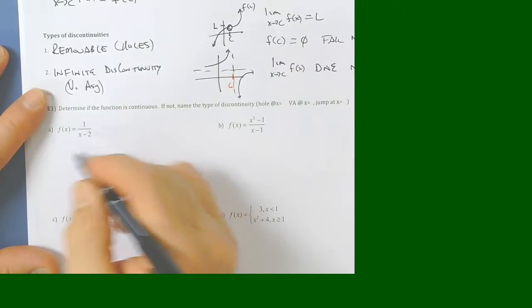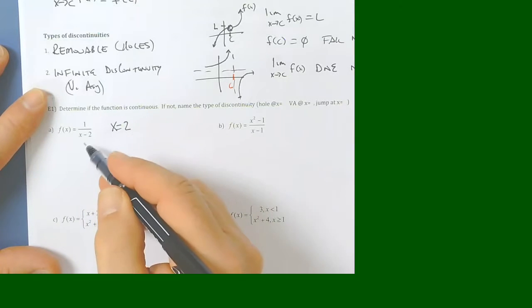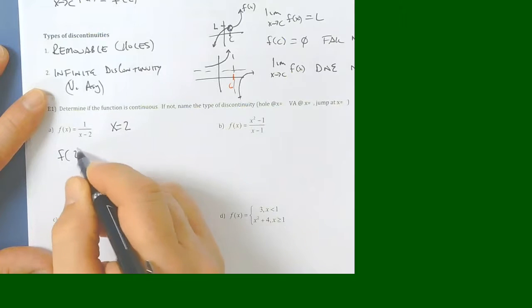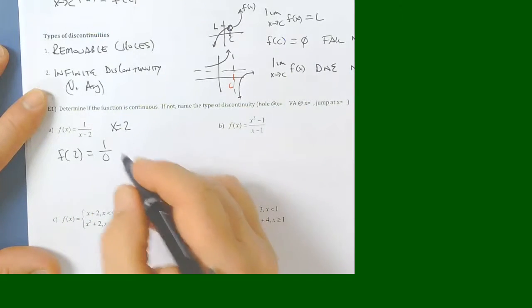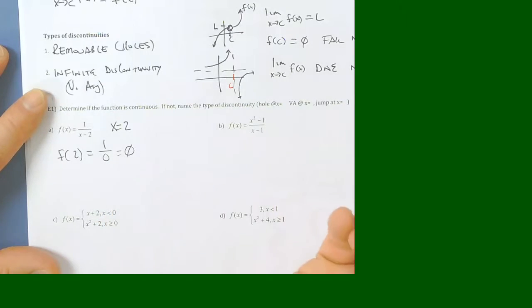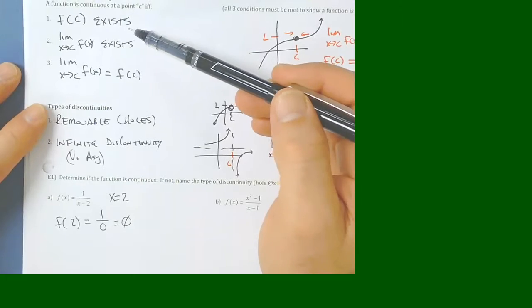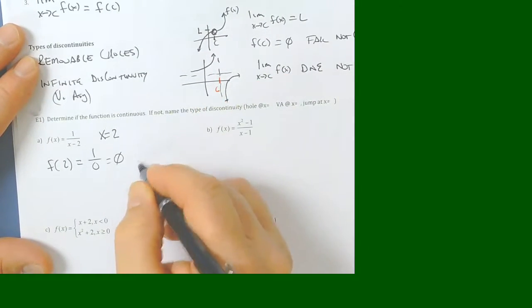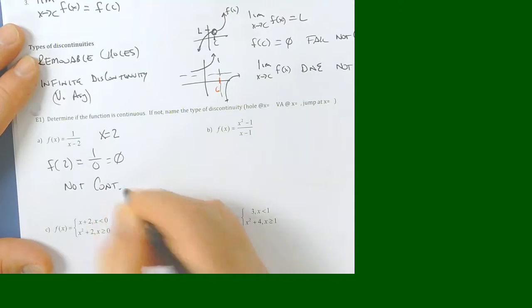We look at our function. We look at x equals 2. We're going to have a problem at 2. Everywhere else, we're going to exist. f of 2 is 1 over 0. 1 over 0 is undefined. First criteria is that we exist at that value. We don't exist at 2. We're undefined, so we can end our test and state not continuous.